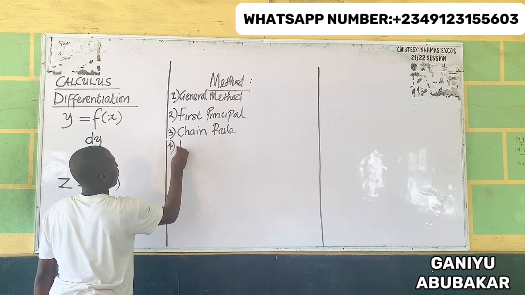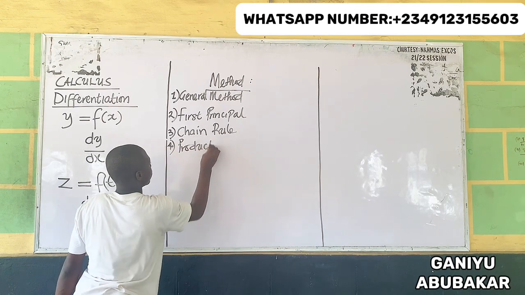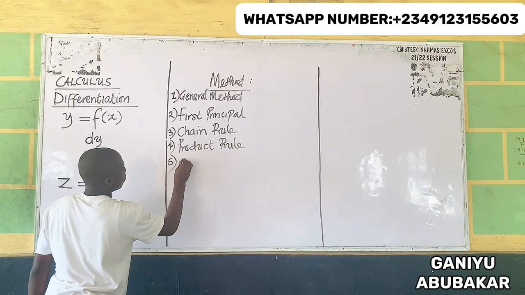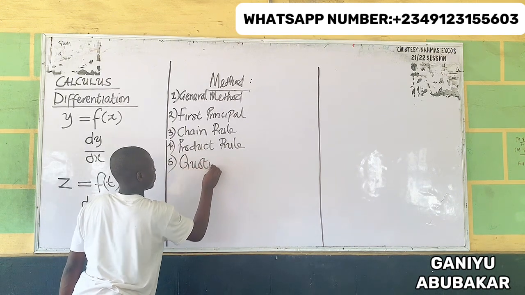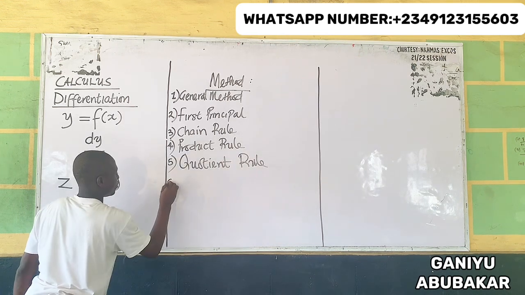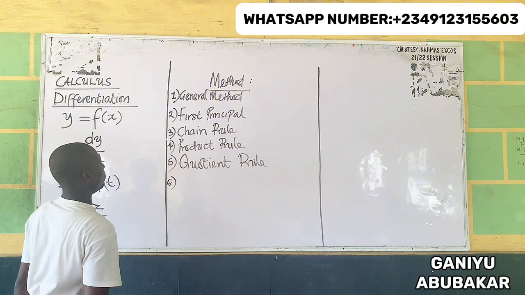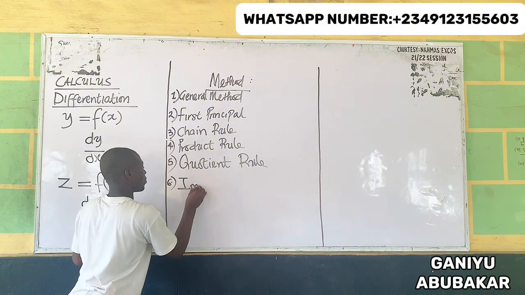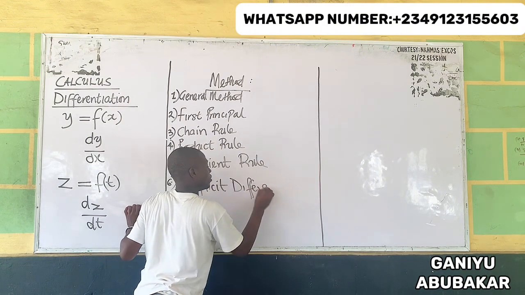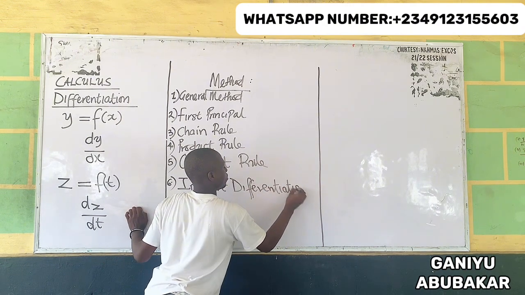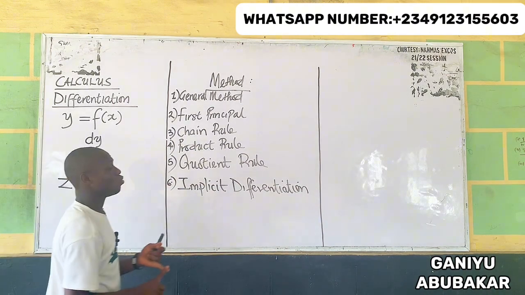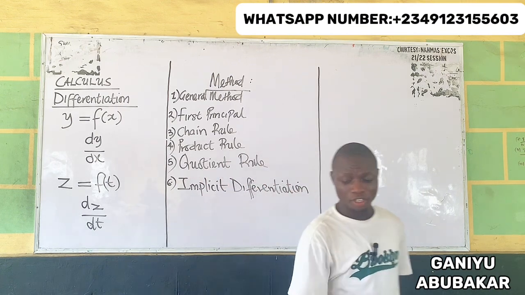Number four, the product rule. Number five, the quotient rule. Number six, implicit differentiation. So these are the 6 methods involved in differentiation. We'll look at these methods one after the other.